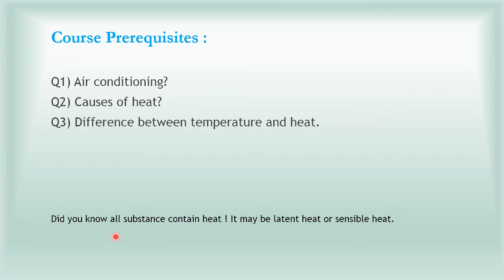So every substance contains heat. Ice also has heat, but it is latent, you cannot sense it. But boiling water also has heat. It is sensible heat, you can feel it by touching. So every substance has some amount of heat.